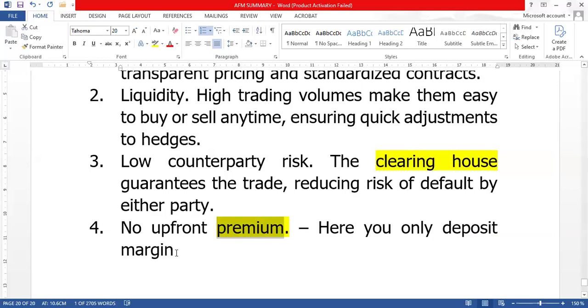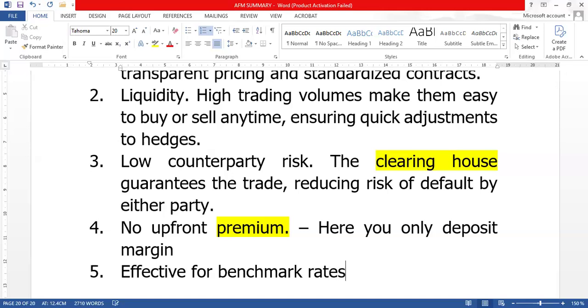As well, this will help you in terms of benchmarking. It is effective for benchmark rates, which you can easily predict.